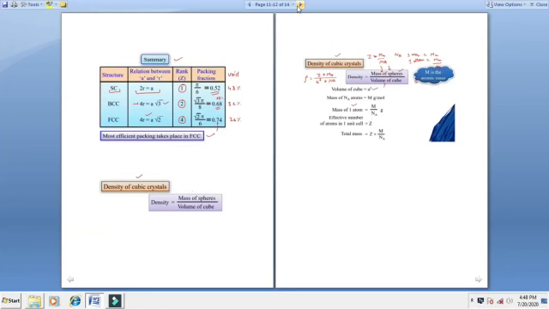Mass of atom: Na is the Avogadro's number, and capital M is the molecular mass, which is given in grams per mole. Mass of one atom is M upon Na grams. Effective number of atoms in one unit cell is given by Z, and the total mass comes to Z into M upon Na.